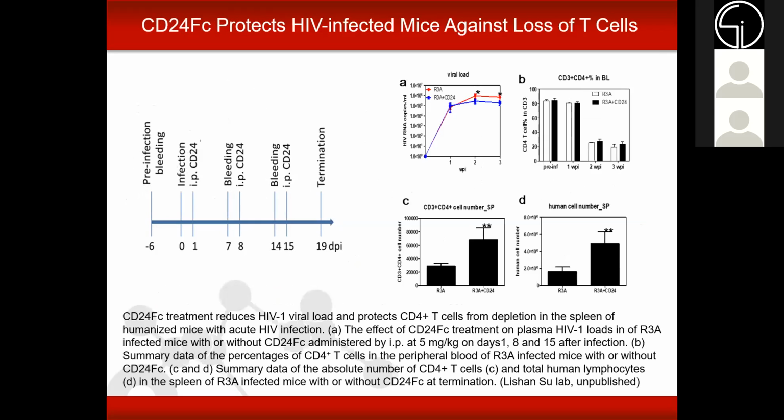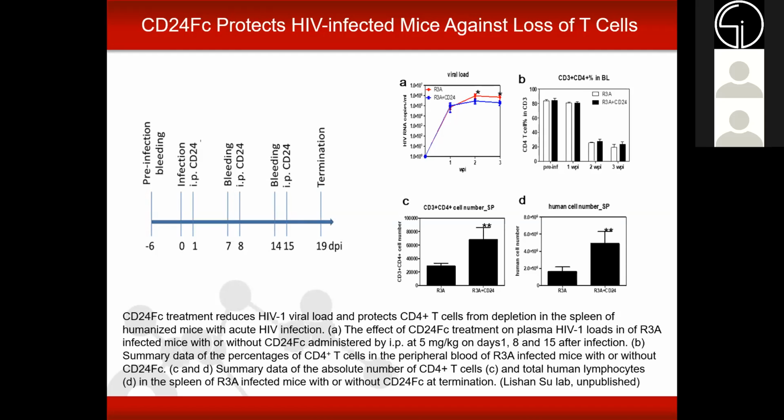We have the experiment in the humanized mice. So all these lymphocytes and myeloid cells are coming from human. They put them into the immunodeficient mice to make its immune system human. So this is a humanized mice. Then you can infect the humanized mice with HIV virus directly.